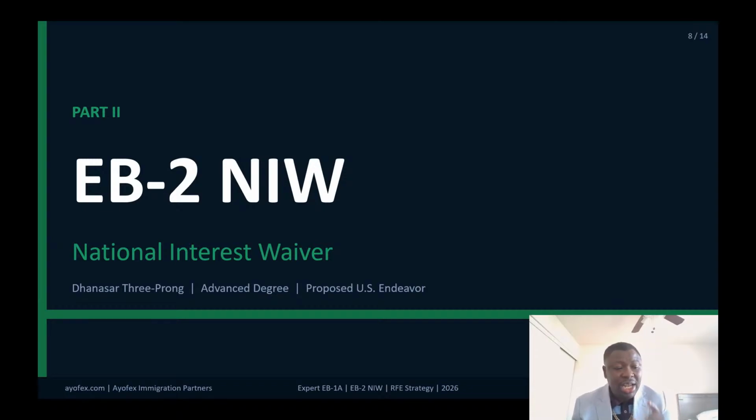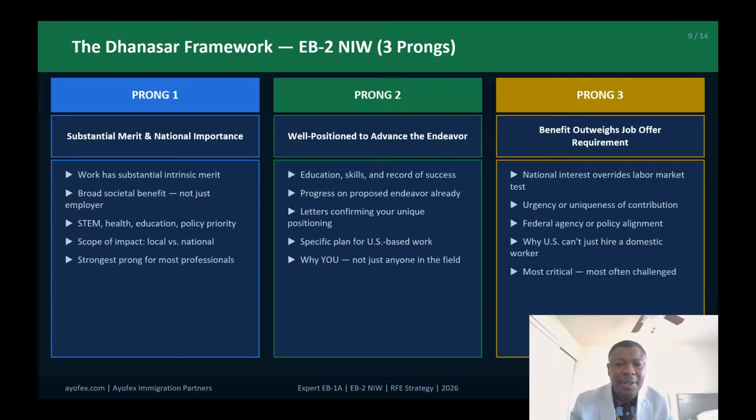Here I'm going to practically show you how to come up with a very strong proposed endeavor using AI. Before you can go for EB-2 NIW, you need to come up with a proposed endeavor.